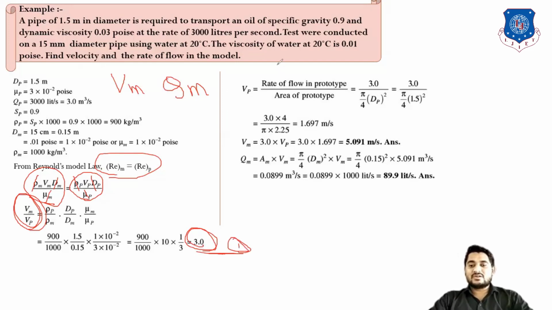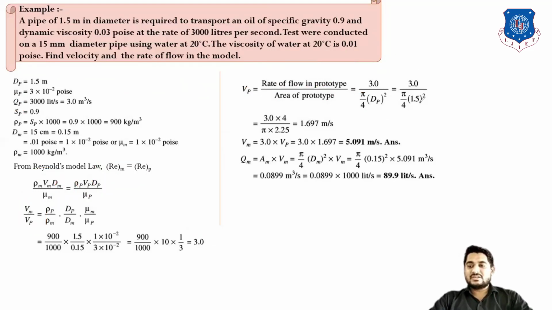Let us solve for discharge Qp. Here discharge Qp is already given. Discharge Q is equal to area into velocity V. So velocity of prototype is equal to discharge of prototype divided by area of prototype. Discharge of prototype, that means 3, is already given, and area of prototype is pi by 4 diameter of prototype square.